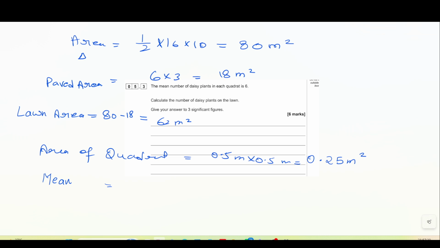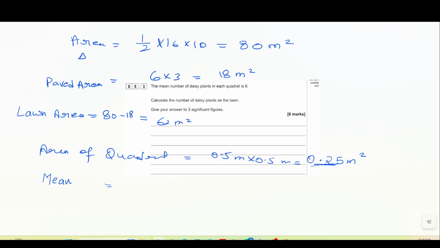But now you have to find the mean number of daisies per square meter, and there are 6 per 0.25. The number of daisy plants in each quadrat is 6. Calculate the number of daisy plants on the lawn.